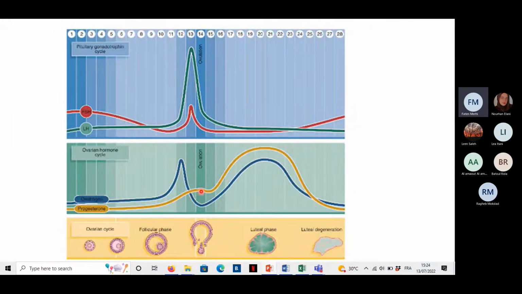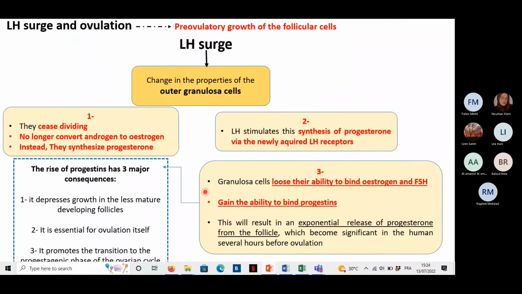As we can see here, as a consequence of the LH peak, when we started to have the surge of the LH, the progesterone levels started to increase to reach their maximum directly after this LH peak, okay? So the cells produce a lot of progesterone.